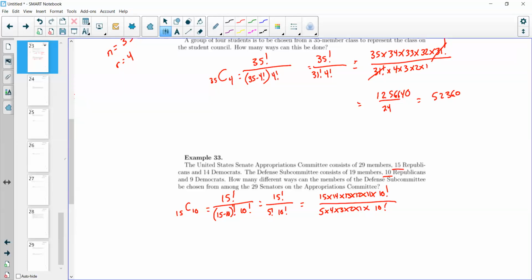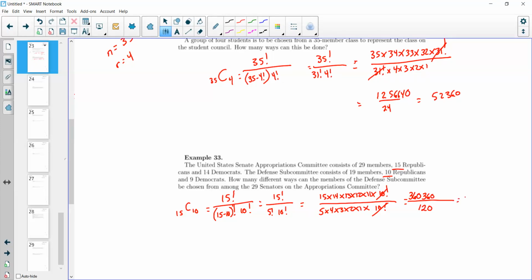Everybody see what I did? So now the 10 factorials cancel each other out. This is 120, and this is 360,360.